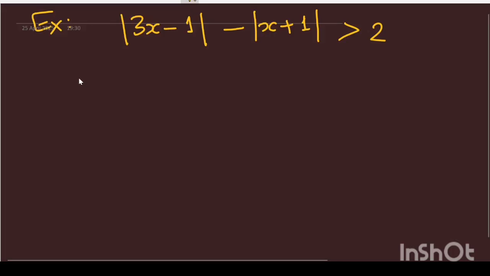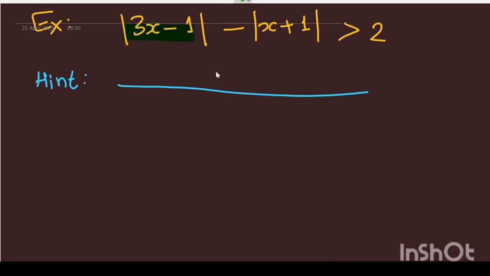So let's try this question, guys. So as usual, the hint would be we will define this mod 3x minus 1. 3x minus 1 would be defined at 1 by 3.